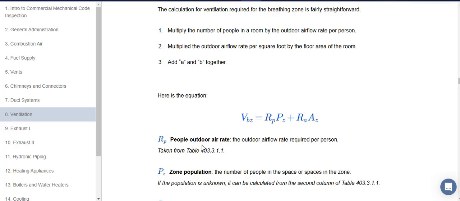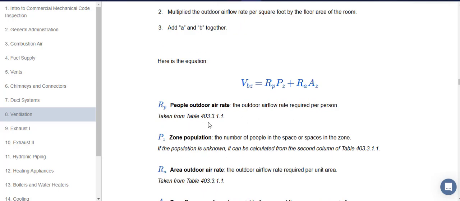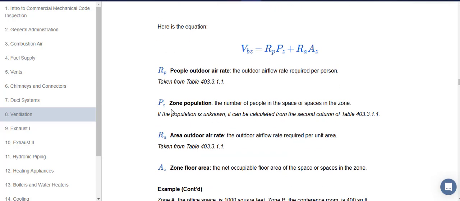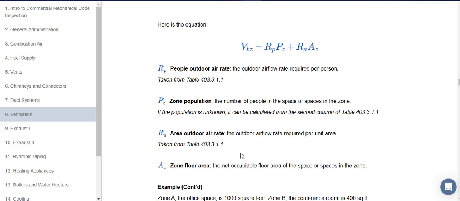Rp, people outdoor air rate, the outdoor airflow rate required per person, taken from table 403.3.1.1. Pz, zone population, the number of people in the space or spaces in the zone. If the population is not known, it can be calculated from the second column of table 403.3.1.1.